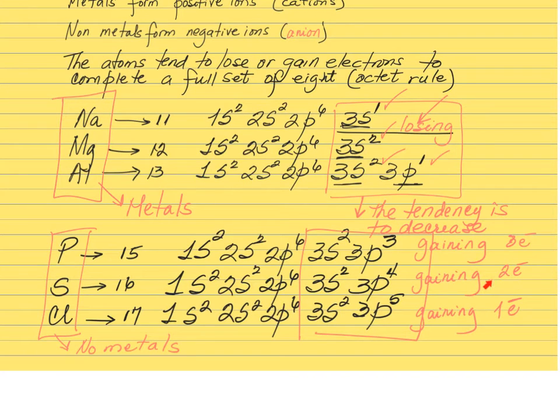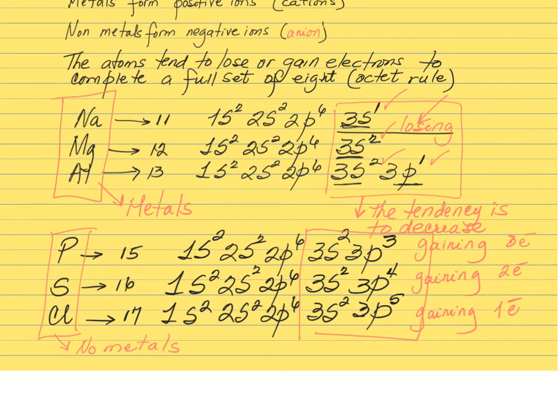When you move within the same period but on the non-metal side of the periodic table, from left to right, they are going to be accepting fewer electrons.